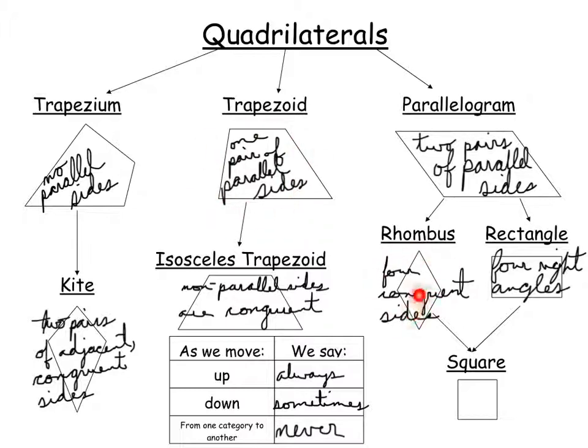So a rhombus will never be a trapezoid. A kite will never be a rhombus because it's moving from the trapezium category to the parallelogram category. And these are our classifications for quadrilaterals.